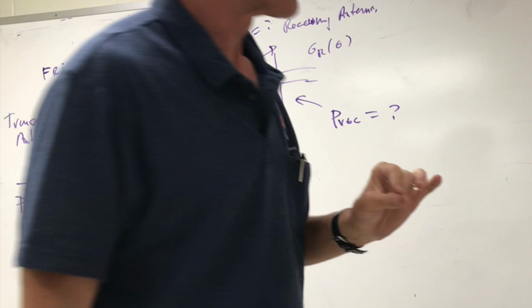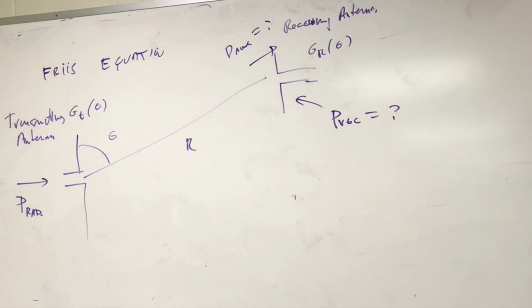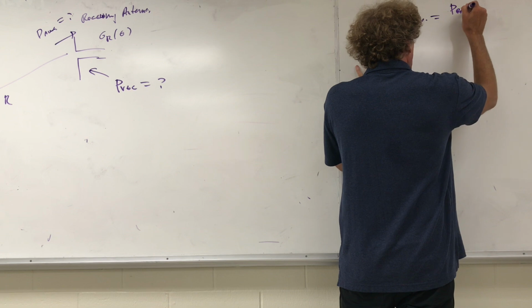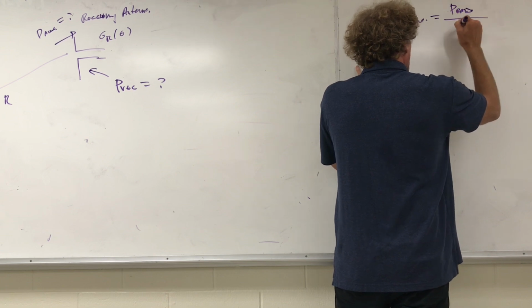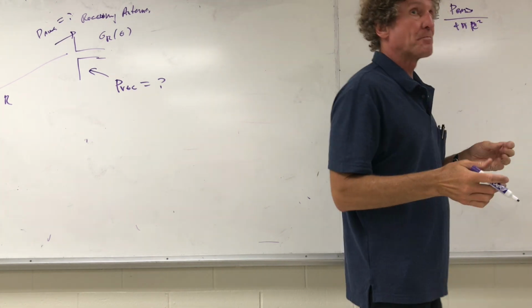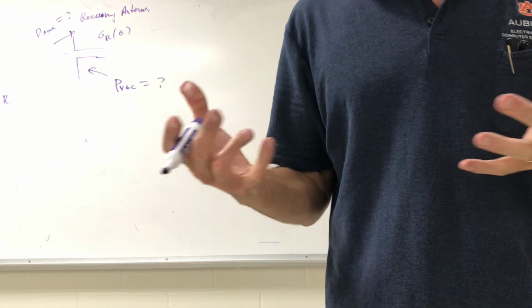So the average power density incident there from the transmitting antenna would be the total radiated power divided by 4 pi r squared. Now that's the average power density of an isotropic radiating antenna.